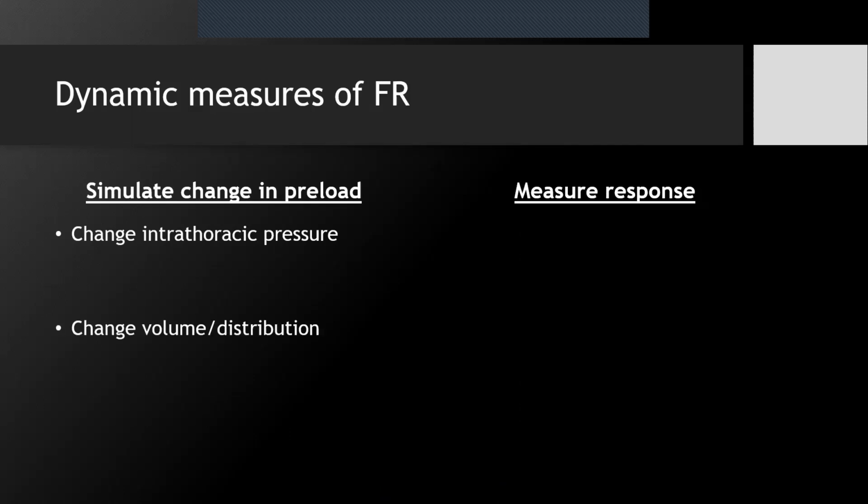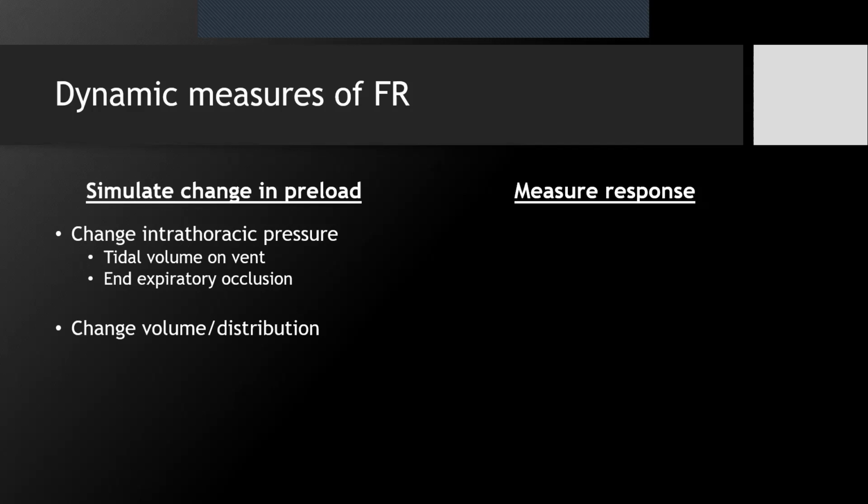The other way to do it is just change the amount of volume or distribution of volume that's already within the patient. So to go into this in a little bit more detail, very often you probably are familiar with using tidal volume on a vent, which will change intrathoracic pressure, change preload, and might be the way that we could simulate a change in preload. There are some studies that don't necessarily care so much about the tidal volume, but just look at doing an end expiratory occlusion.